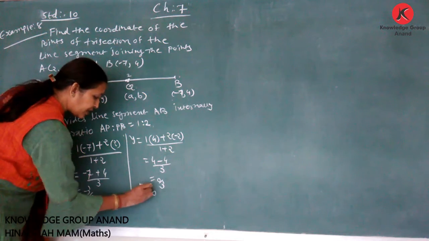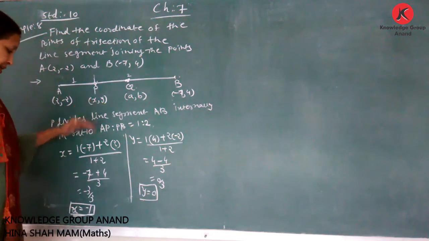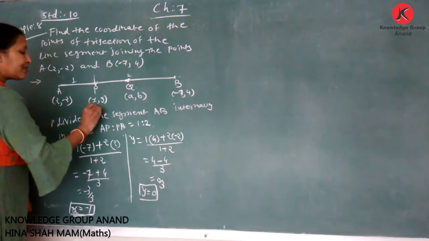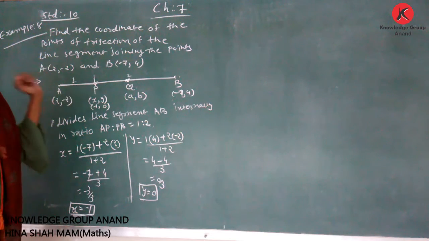So y is equal to 0. The coordinates of P are (-1, 0).